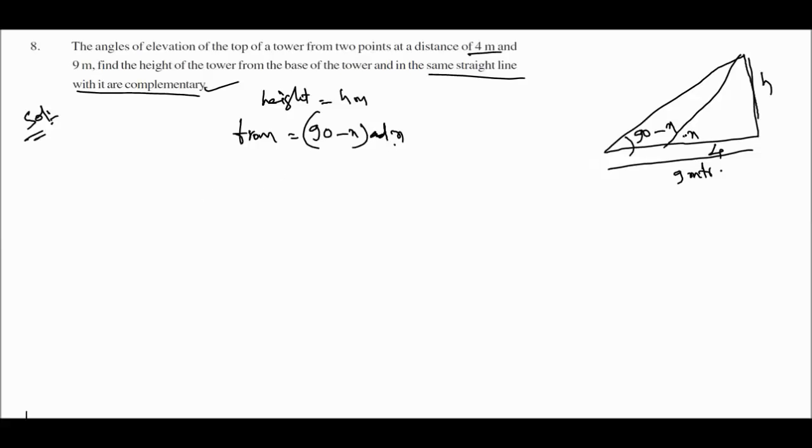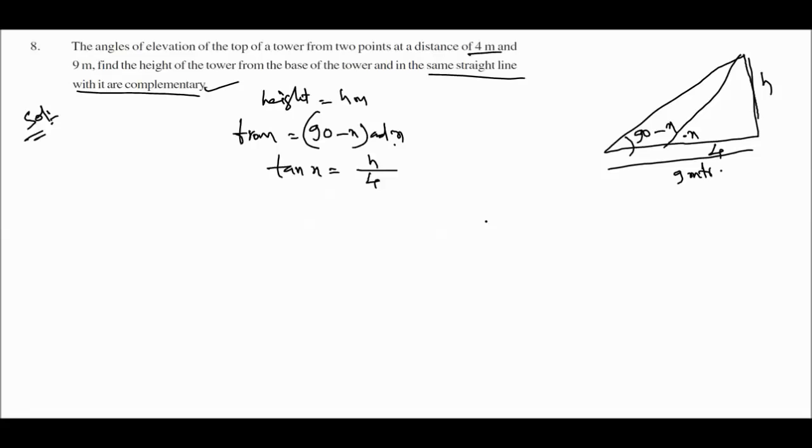From the figure, tan x is equal to height divided by 4 meters. So tan x is equal to h by 4. What h is equal to, we will take later.